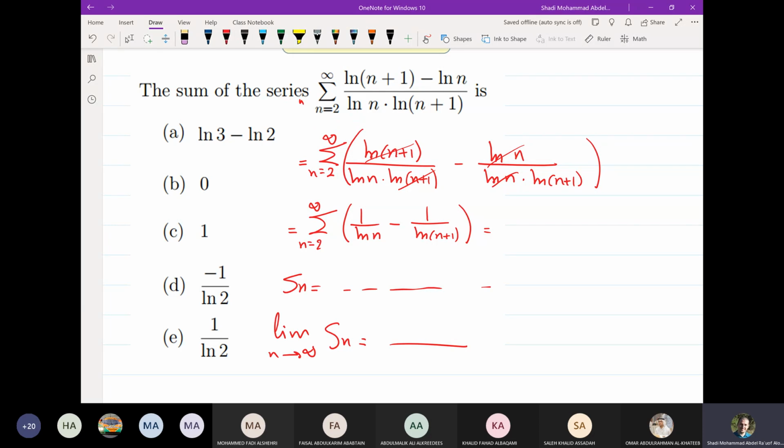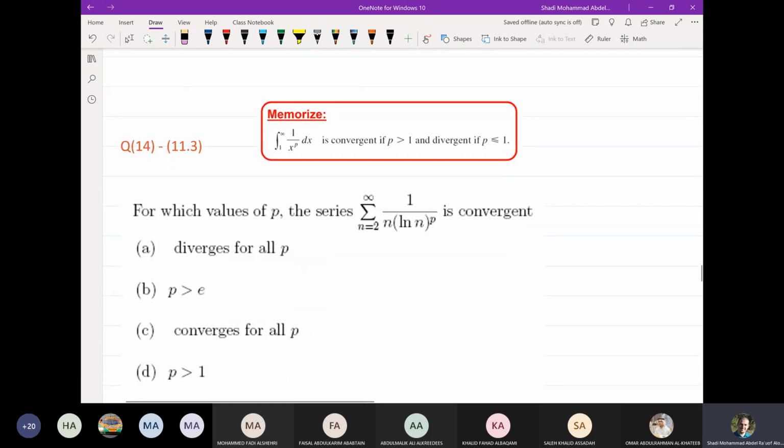N equals 0 is a problem here because 0 plus 1 gives ln 1, which is 0, and 0 in the denominator is undefined. And n equal 1 will also be a problem, because ln 1 is 0 in the denominator. It will be undefined. So because of that, he just skipped the problems. The problems will be at 0 and 1, so let me start from n equal 2. Does that make any difference? No, because this is from n equal 2 to infinity. I just skip the first two terms, and even these two terms are undefined. The series would be undefined at these two terms, so I just skip them. No problem with that.